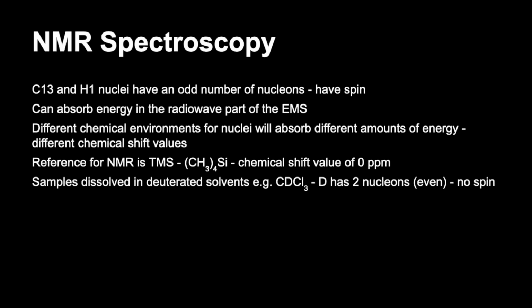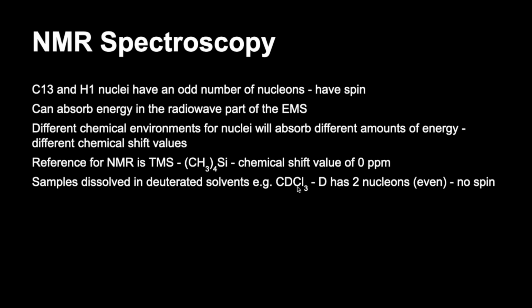Another key substance in NMR is the solvent molecule, so we use deuterated solvents in NMR. There's an example there, that's the one I always remember, and I tell my students to remember, CDCl3. So basically the regular hydrogen-1 atom has been replaced with a deuterium atom. Deuterium has 2 nucleons, a mass number of 2, so that's an even number, so it doesn't have any spin.